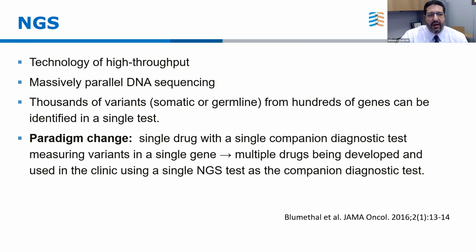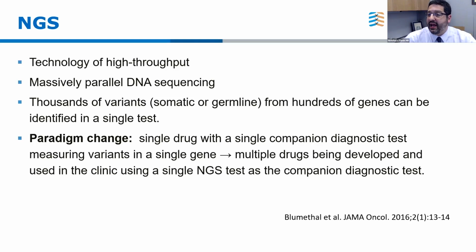So now next generation sequencing allows you to test for a whole battery of molecular testing through this parallel DNA sequencing. And you can identify hundreds of genes from just a single test. So it's been a real paradigm change, and it's being recommended by the NCCN as your go-to test to do a more broad molecular testing.